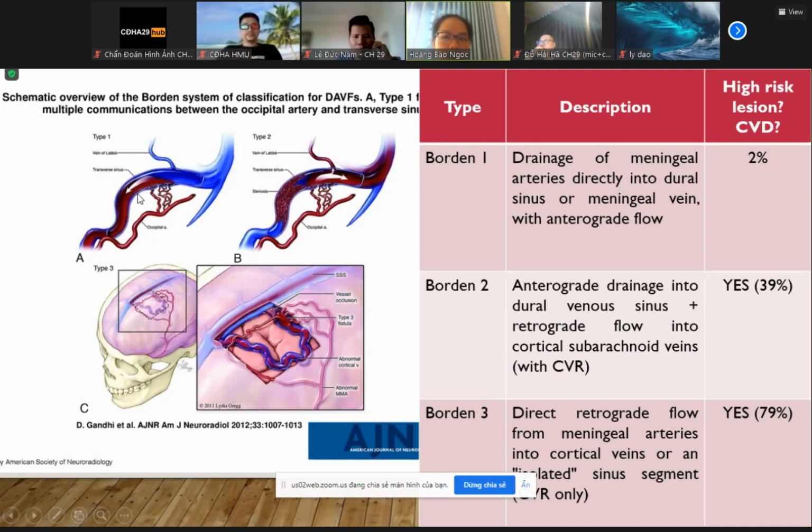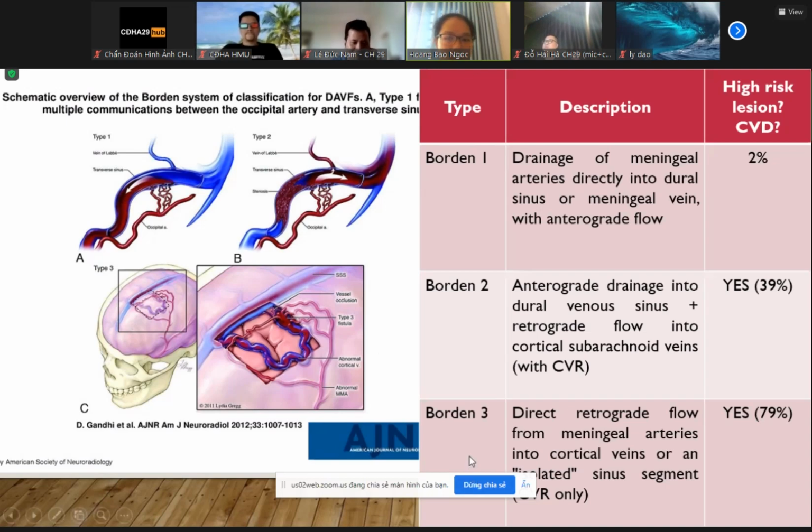Only 2% of patients in this group have aggressive lesions. For Borden type 2, there is antegrade drainage into the dural venous sinus, and a retrograde flow into cortical subarachnoid veins. Nearly 40% of patients in this group have the symptoms of aggressive lesion.